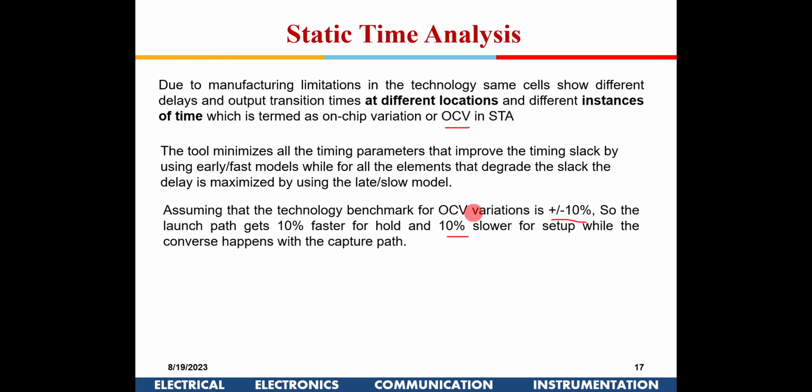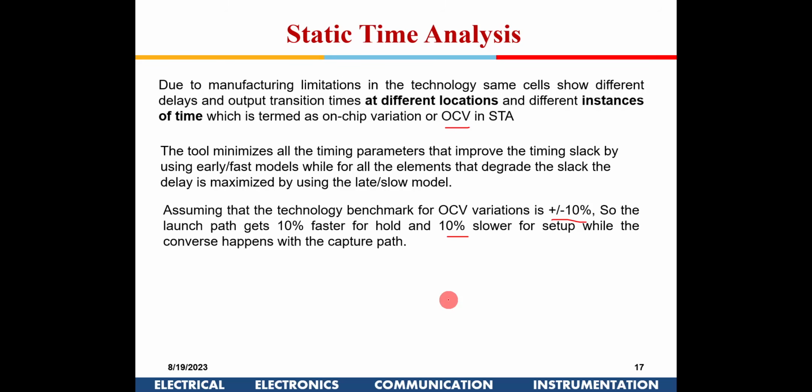It's up to you. So when we do the STA analysis with the OCV technique, the tool would ask you what percentage you need to set. You will give that percentage to the tool, and the tool will apply it.